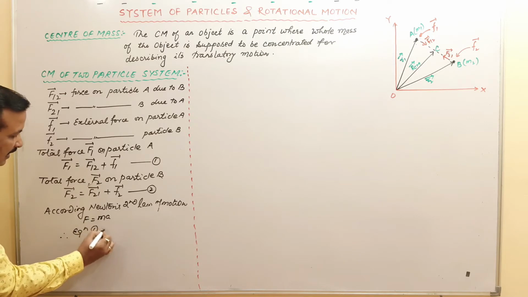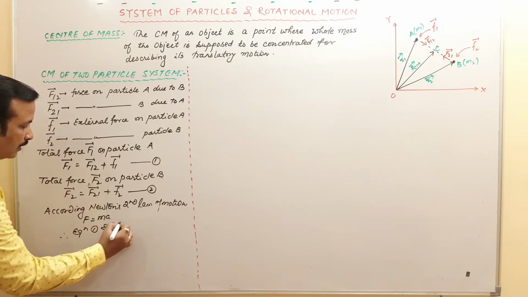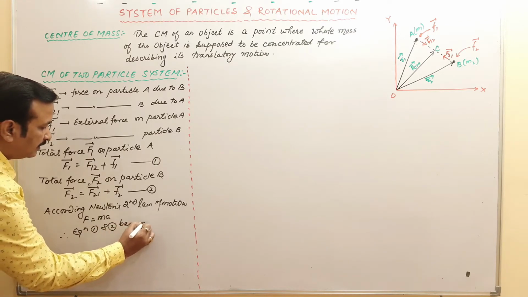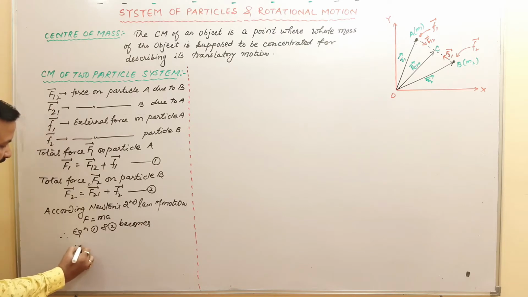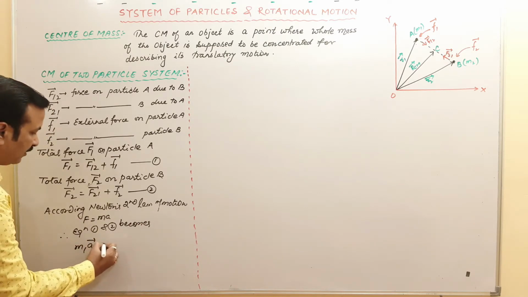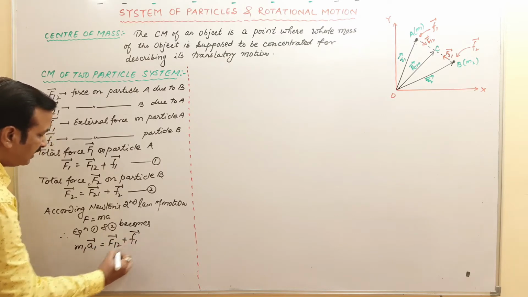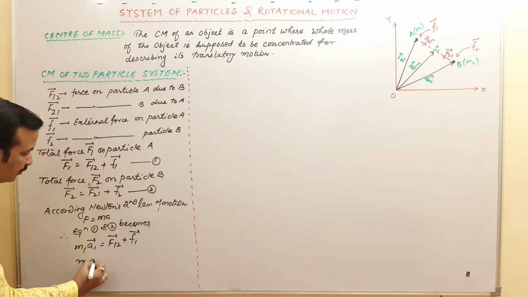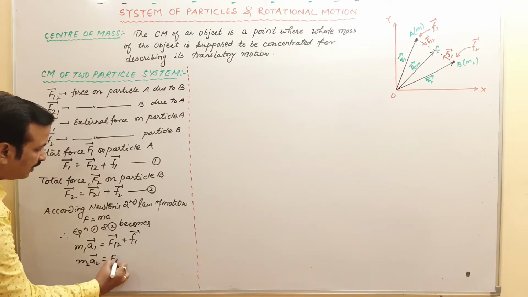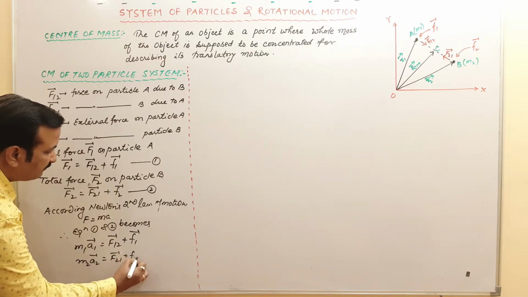Equations 1 and 2 become: we can write m1 a1, acceleration a1 on the first particle, equal to F12 plus F1, and m2 a2 equal to F21 plus F2.